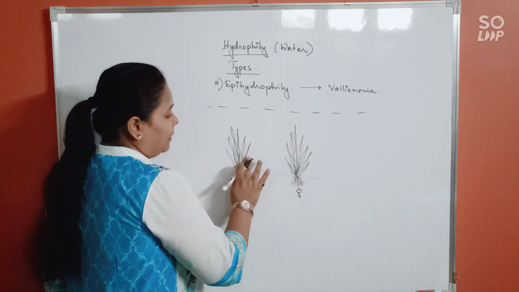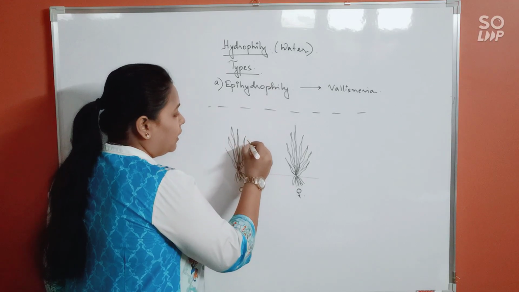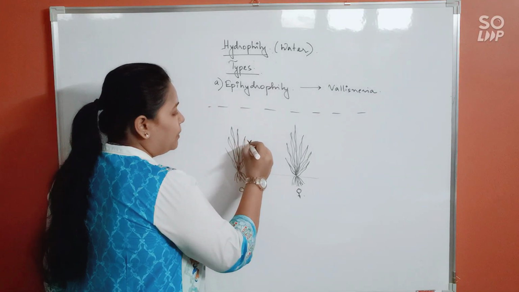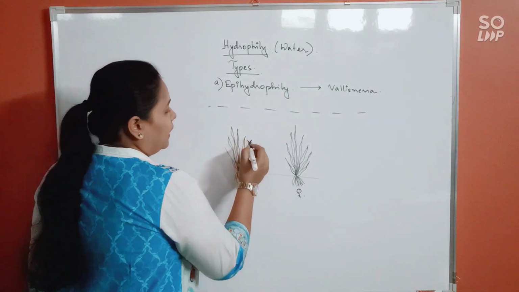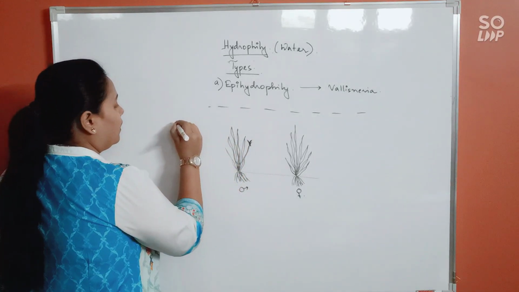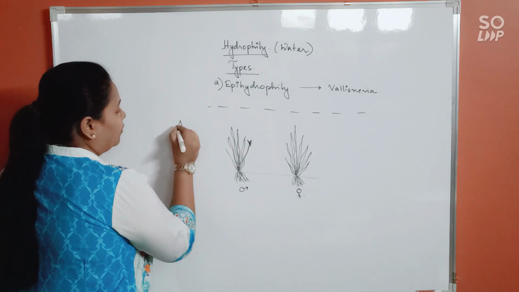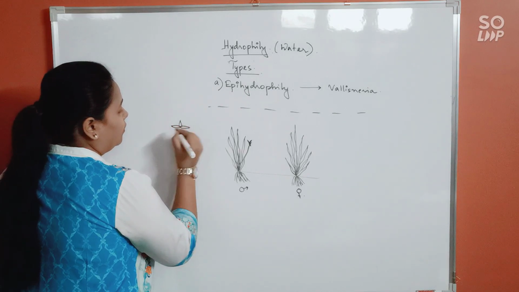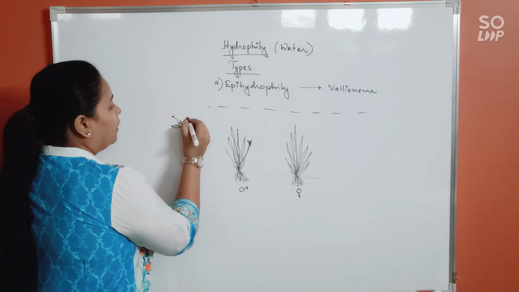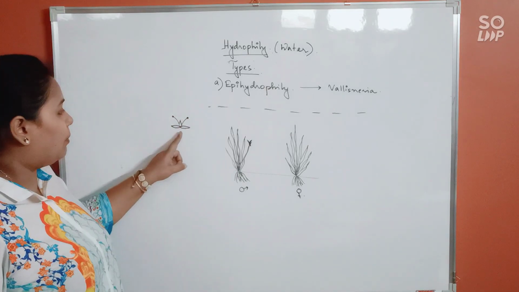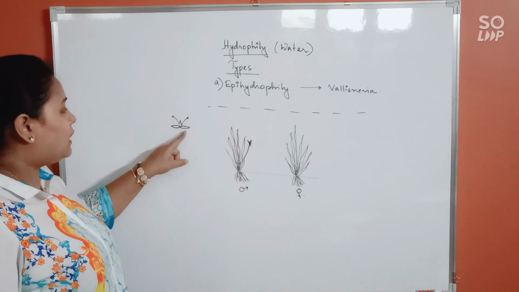In case of the male plant, the flower is going to possess 3 tepals. It's going to be like this. And it will bear 2 fertile stamens. 2 stamens, 3 tepals.